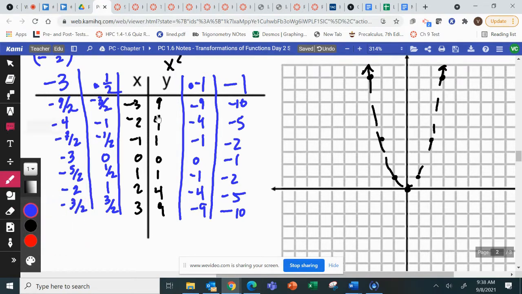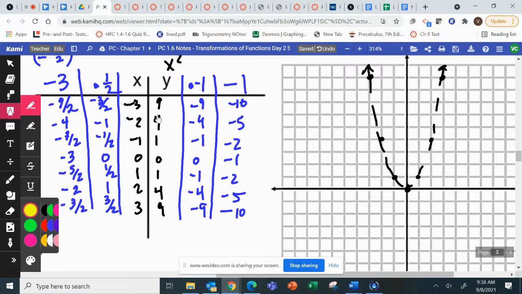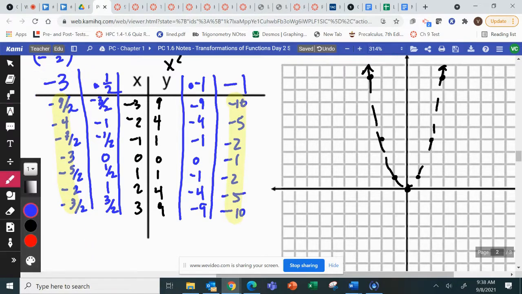So I always graph the outermost x's and the outermost y's. You don't have to write them in improper form. You could write -4.5. That's totally fine. But if we do it in Canvas on a quiz or something, you're not going to be able to write -4.5.